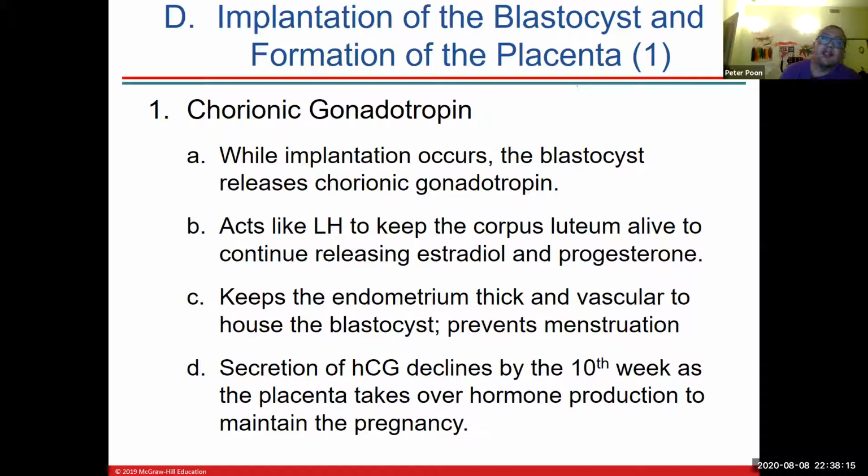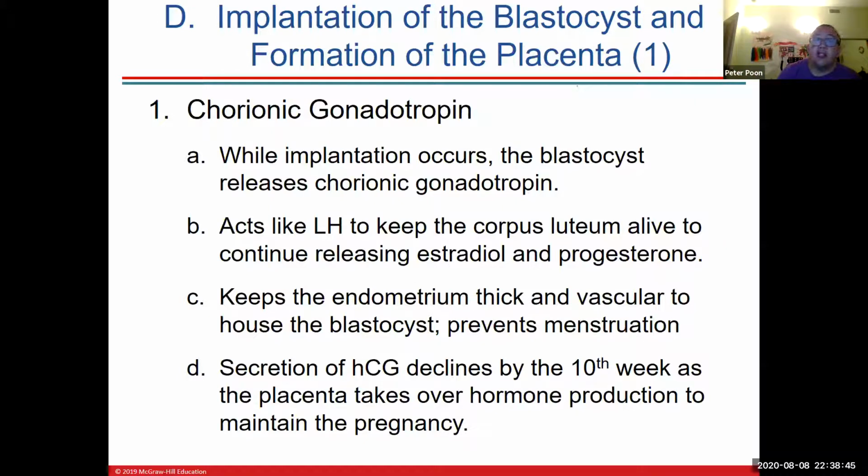The blastocyst releases chorionic gonadotropin. It goes to the corpus luteum and keeps the corpus luteum alive. Keeping the corpus luteum alive forces it to produce progesterone. Progesterone keeps the endometrium thick and prevents the uterus from contracting.